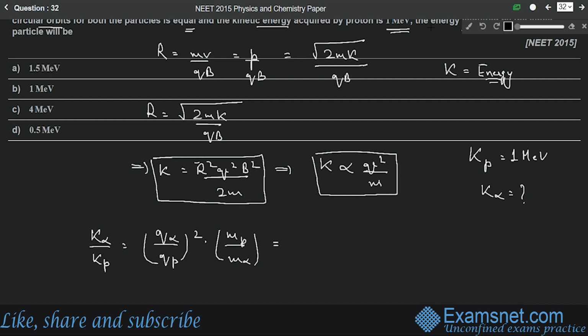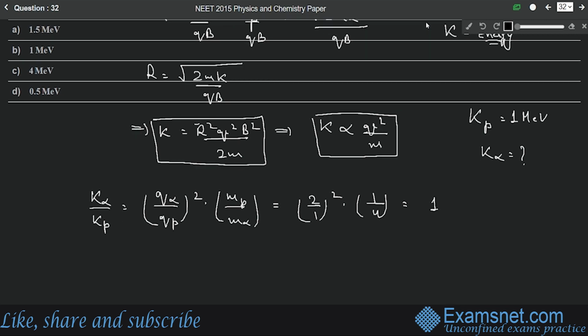So let's put the values. The ratio of charges of alpha particle and proton will be 2 by 1, so (2 by 1) square. And the ratio of masses of proton and alpha particle will be 1 by 4. So this is equal to 4 into 1 by 4, that means 1.